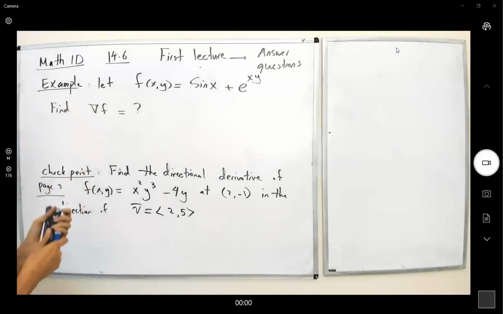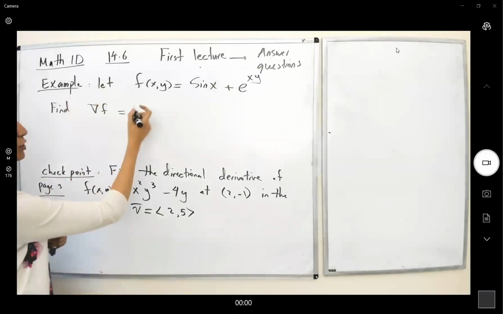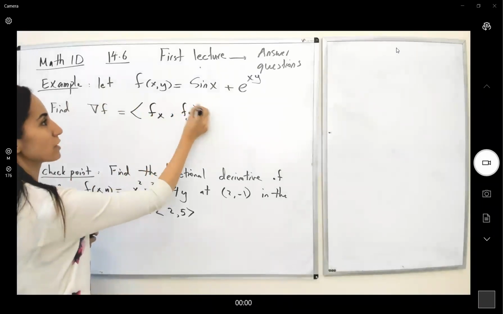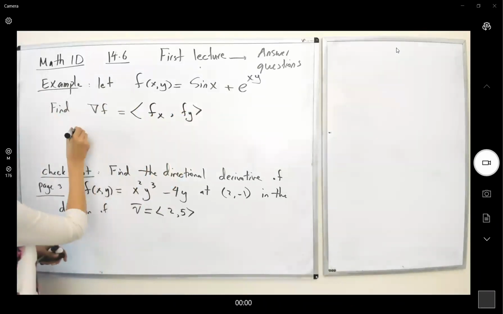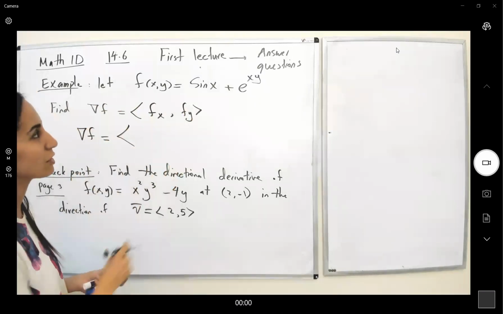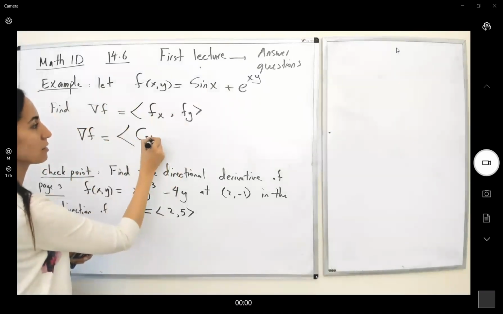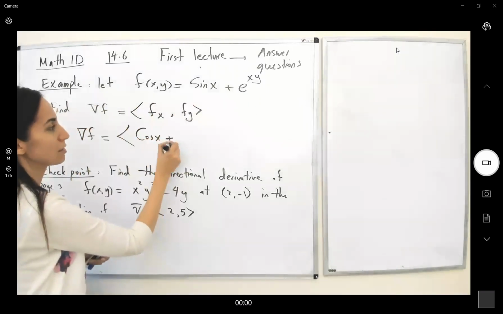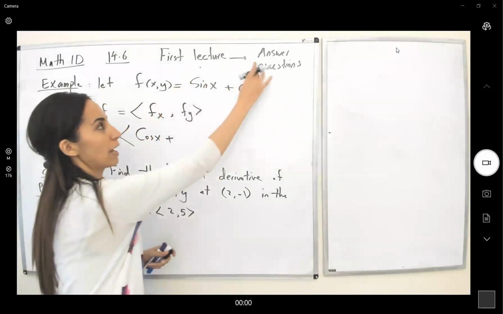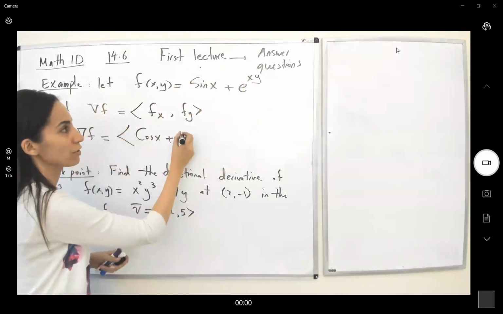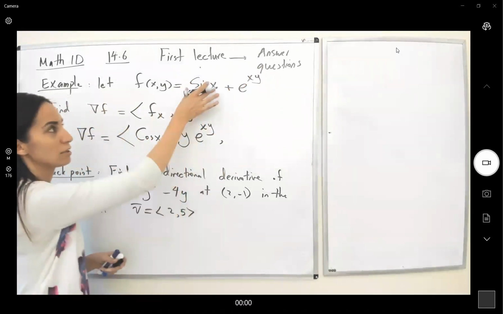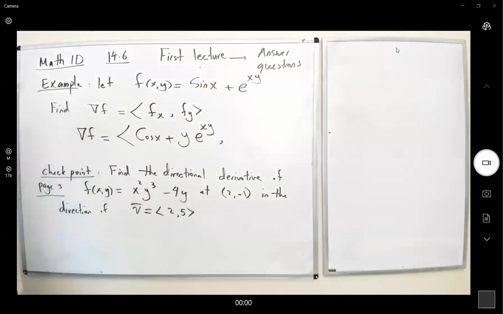Okay, gradient of f. Here we need to find the partial derivative of f with respect to x, and the partial derivative of f with respect to y. So the gradient of f, nabla f, is equal to, the first component is cosine x plus, here you have x e raised to xy, and we have to apply the chain rule. So we get y e to xy, comma, then you have to take the derivative with respect to y.